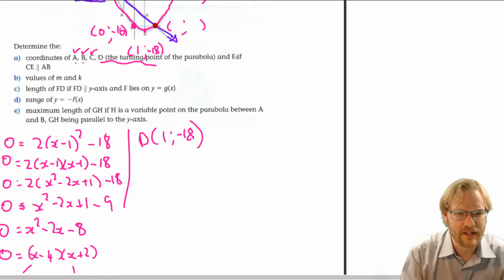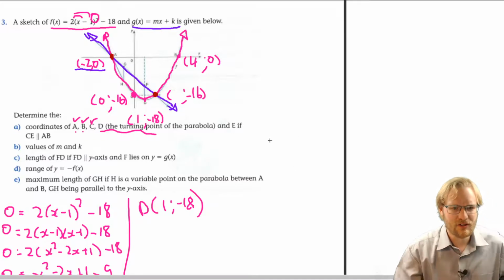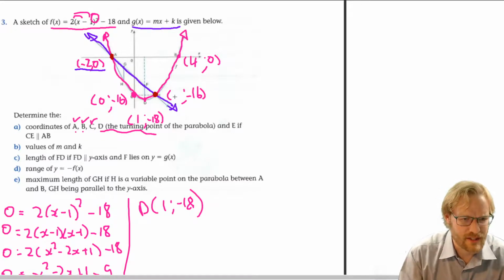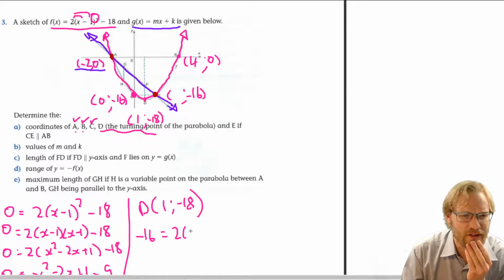And what else do we need? And E, if CE is parallel to AB. So we said that this had the same y value. So therefore, what is its x value? Substitute. −16 equals 2(x − 1)² − 18. This is like an unnecessary amount of work, doesn't it? Okay, two options here. One, go through all of this work.